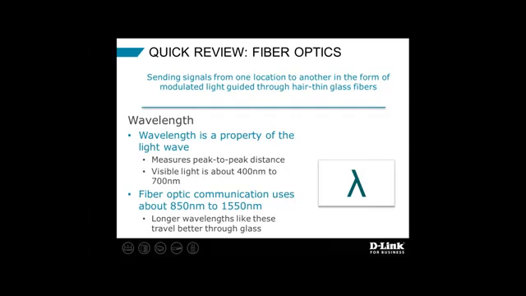With fiber optic communications, we're normally using wavelengths from about 850 nanometers up to about 1550 nanometers. We use these wavelengths because they're a little bit longer, and they actually do a better job traveling through a medium like glass. The symbol on the right side is the Greek letter lambda. Quite often you'll see wavelength referred to as the lambda. The lambda is 850 nanometers, for example.